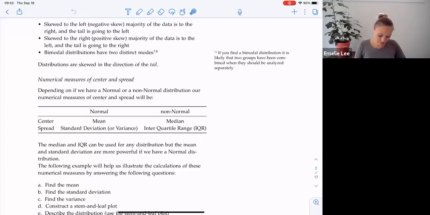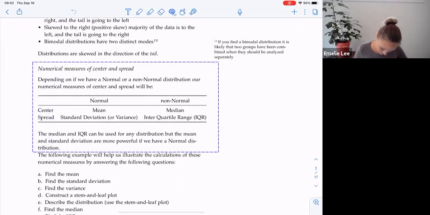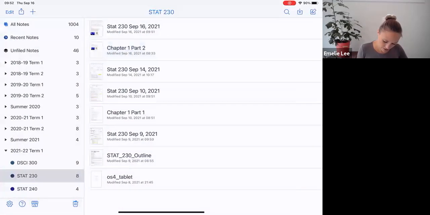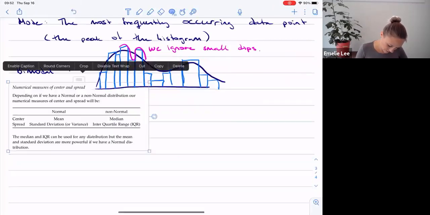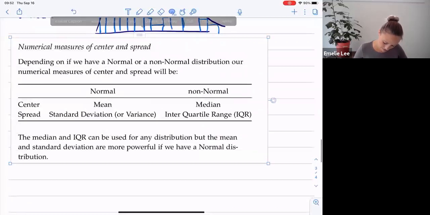So the reason that we need to be able to talk about the shape is because the shape dictates how we should calculate the center and the spread. Okay, and so I'll bring this lump in here so we can talk about it.